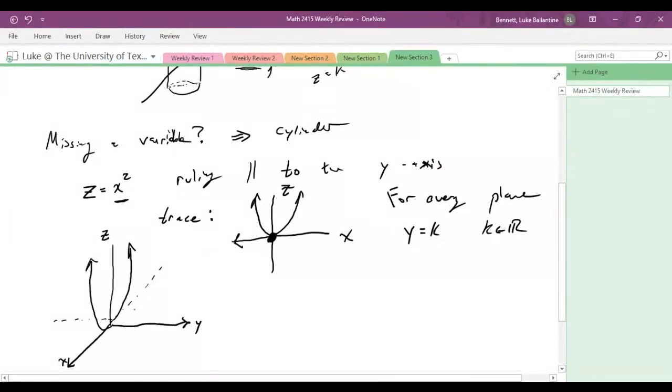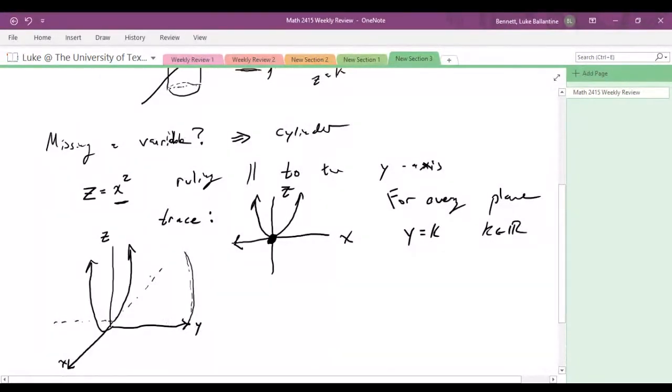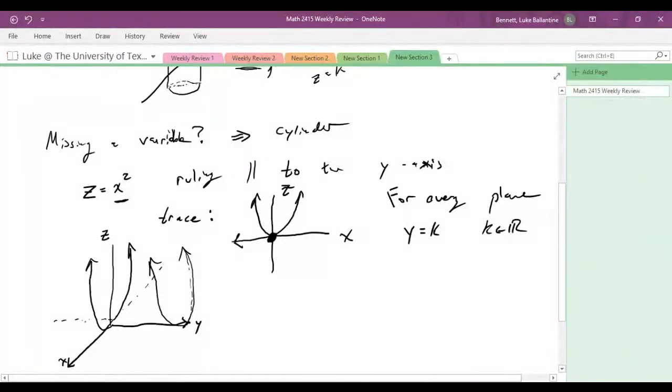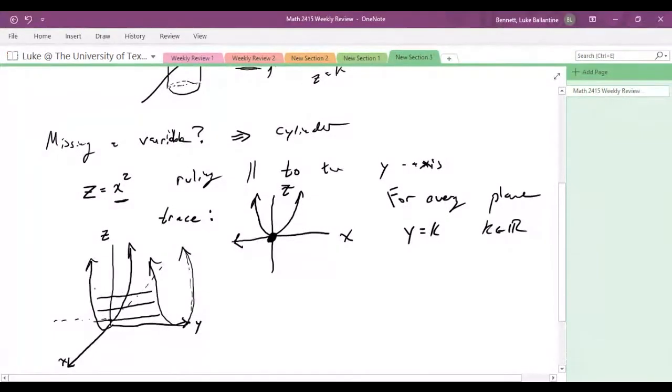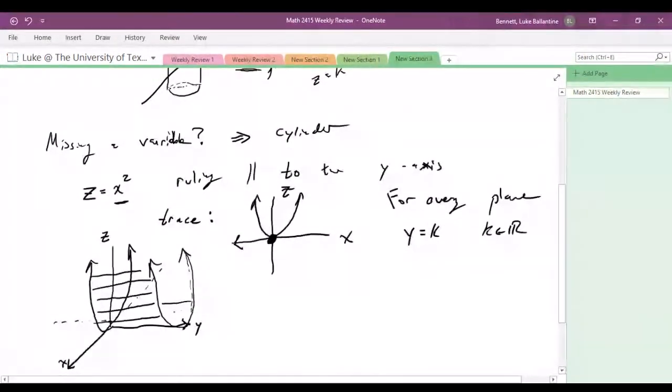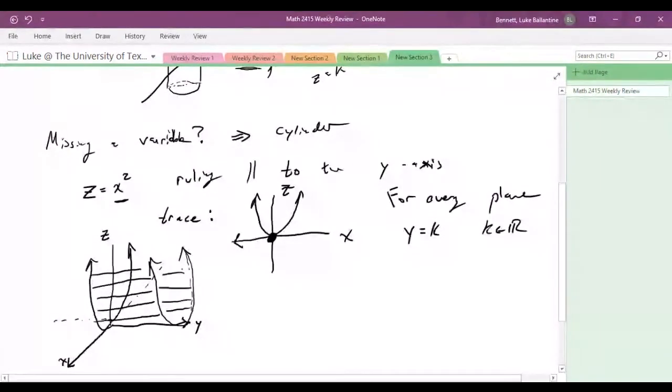And then it's going to look like this all the way across. Right, and these are the rulings, these are the lines that are parallel to the y-axis. So you kind of get the idea, right?